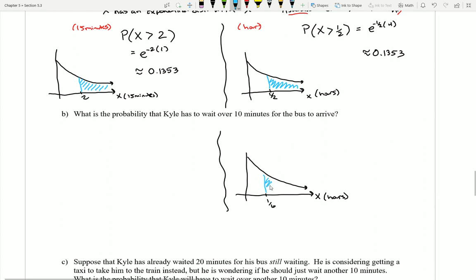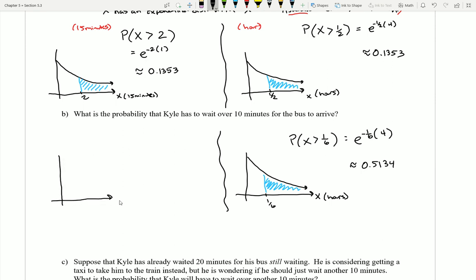And so I can set up everything I need over here very, very quickly. I want the probability that x is greater than 1/6. That's the same thing as e to the negative 1/6 times that value of 4. And if I crunch this out on a calculator, I get 0.5134.